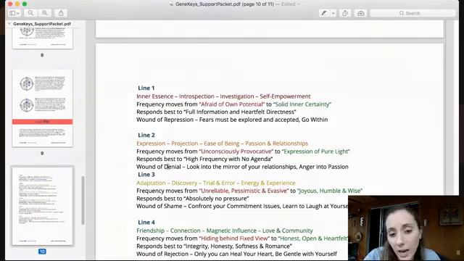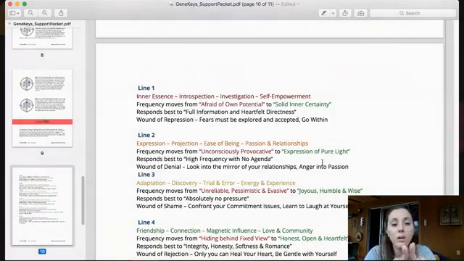It's because it's the wound of denial. Look in the mirror of your relationship. Turn anger into passion. So since it's a line 2, it's usually a biofeedback loop between your closest relationships. So ask yourself, what's your relationship with your husband, your wife? And if you aren't in that kind of relationship, you've got to look at the entirety of your relationships.